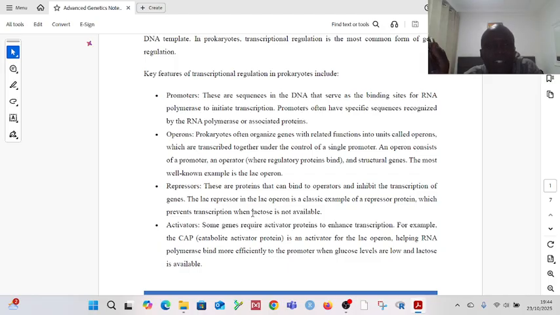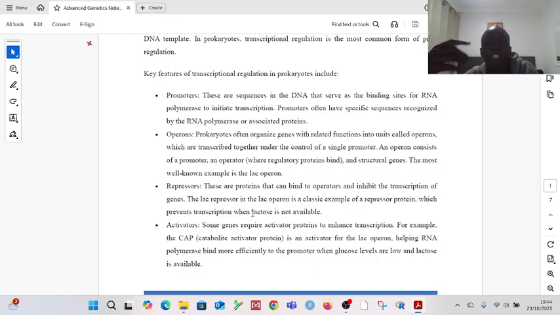They end up being transcribed together because they have a single promoter unit. So one promoter controls several genes, and those several genes controlled by a common promoter have related functions. When you have several genes grouped together and they are being controlled by a single promoter, then they are known as an operon.